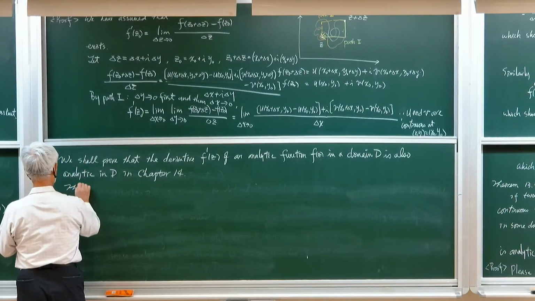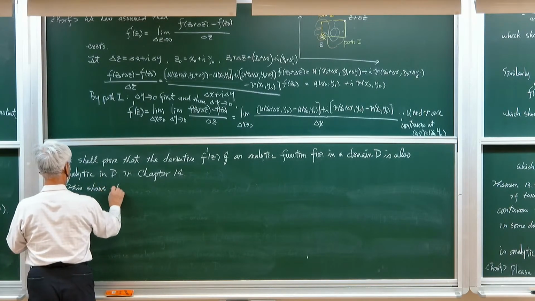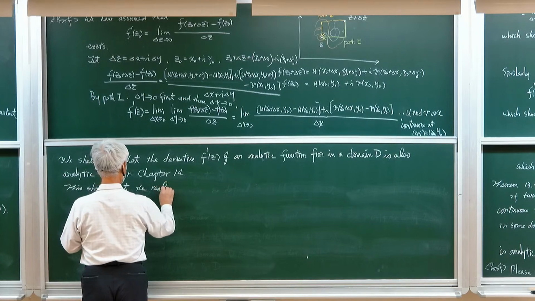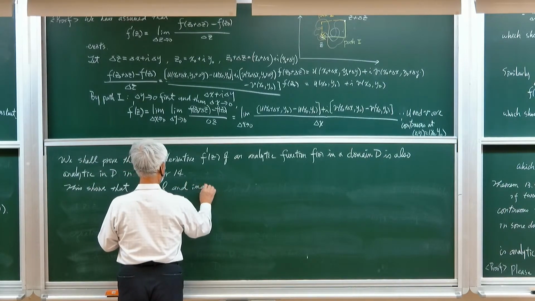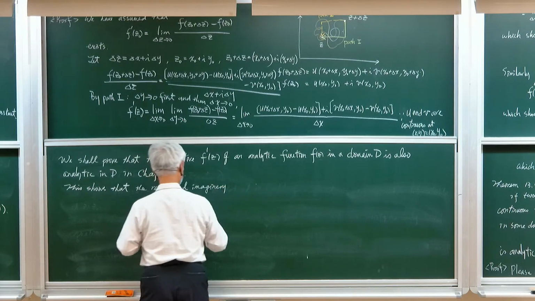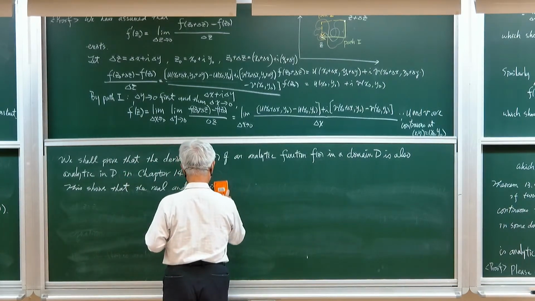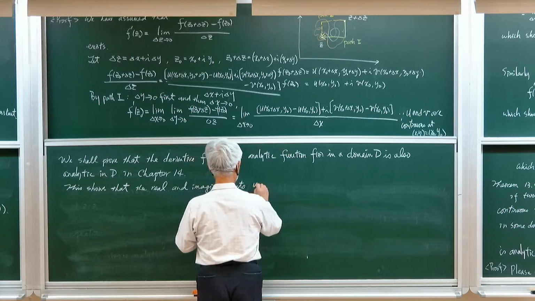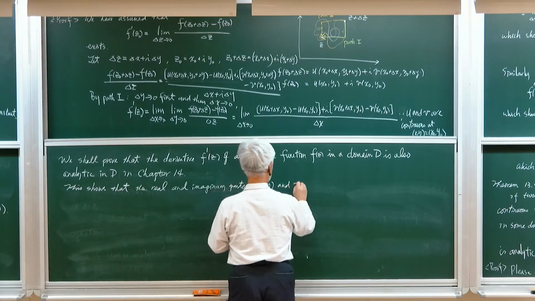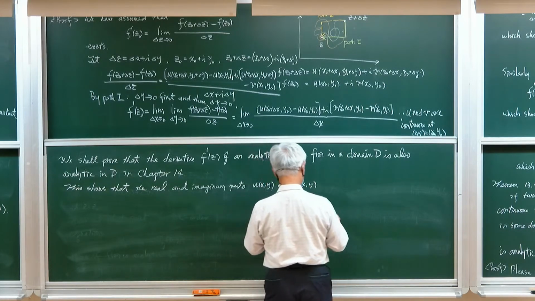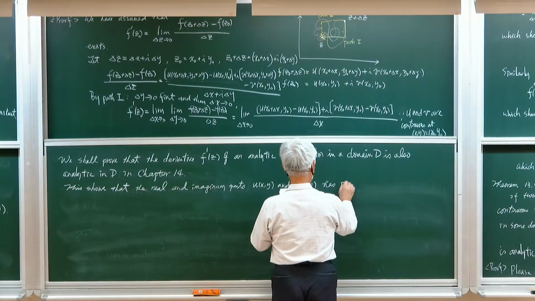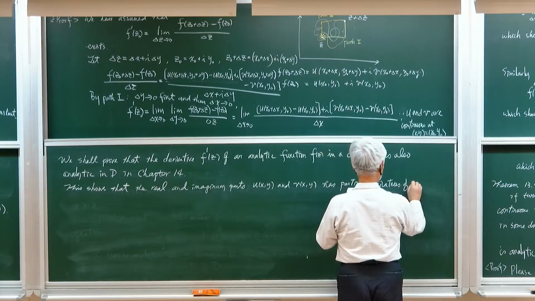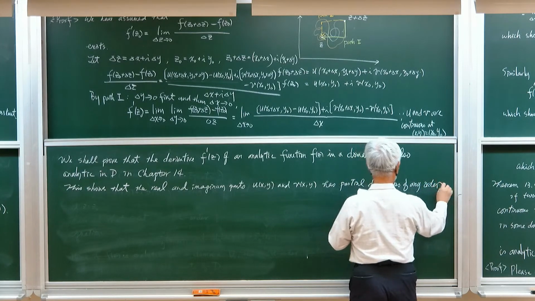And this shows that the real and imaginary parts u(x,y) and v(x,y) have partial derivatives of any order.